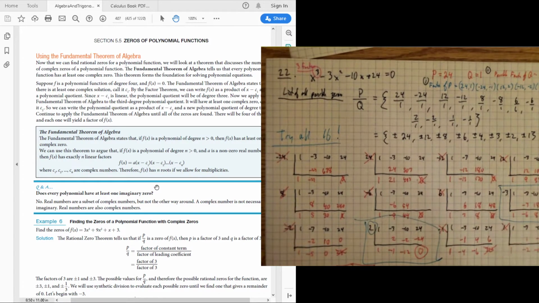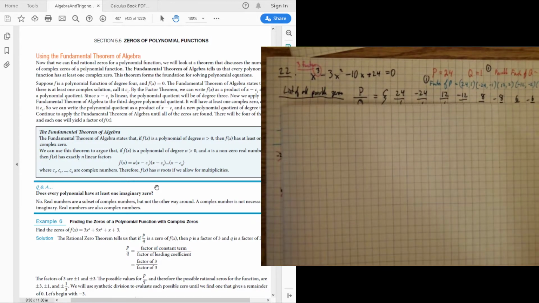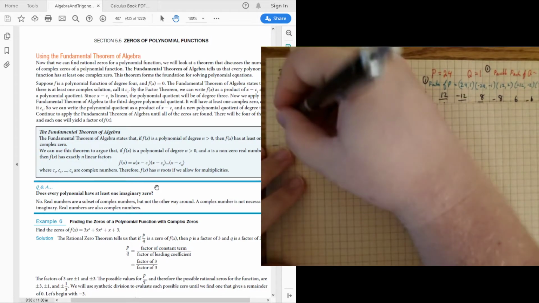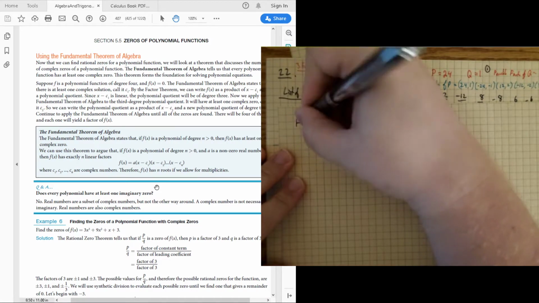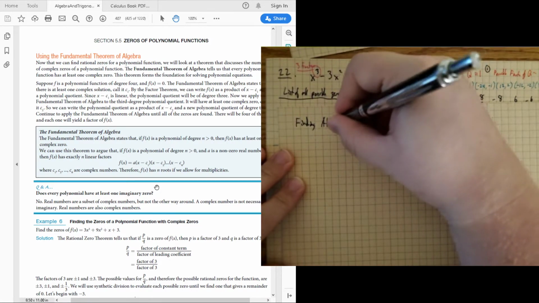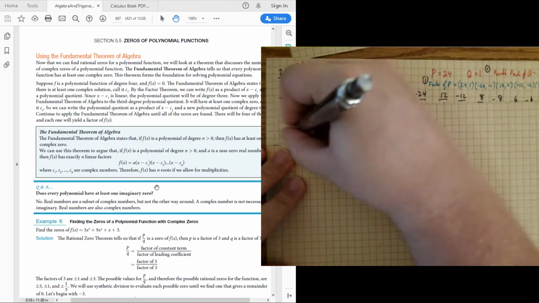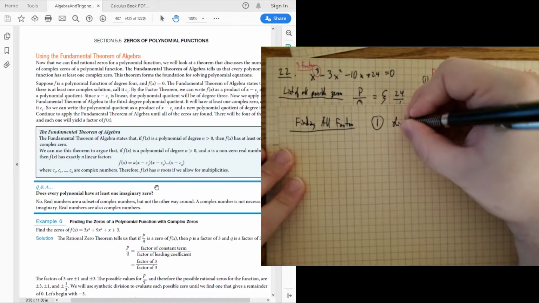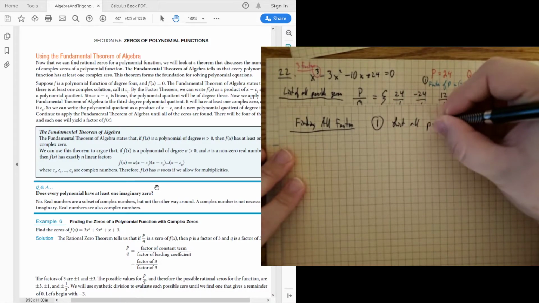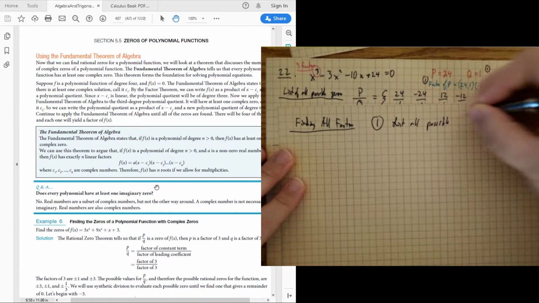Well, it turns out, for our next piece of notes, the way to go for finding all factors. What's the process? Step 1, it helps to list all possible factors.